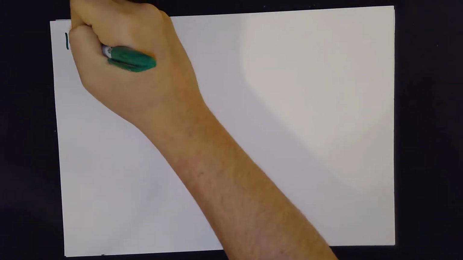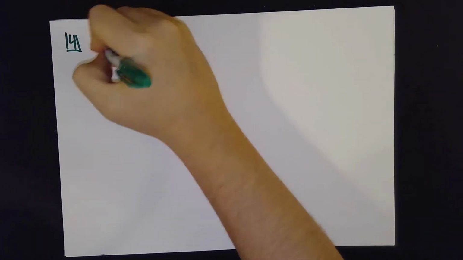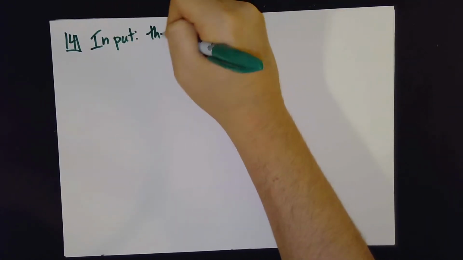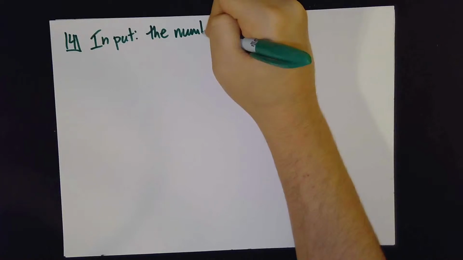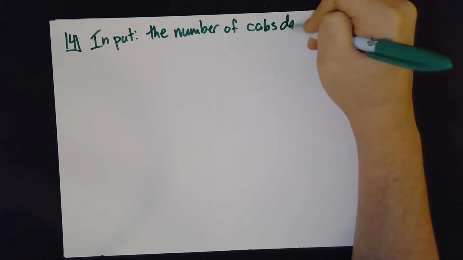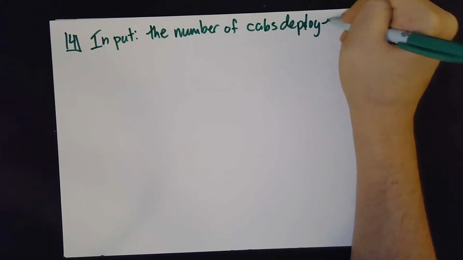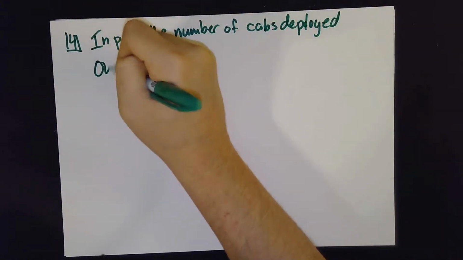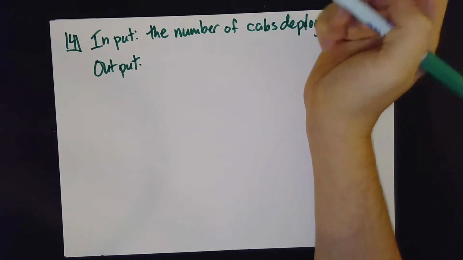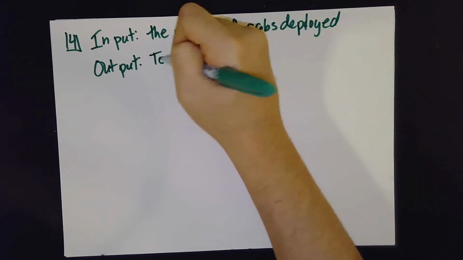Number 14 is about this taxi company. And we have this function where the input is the number of cabs we deploy, and the output is the total fares collected.